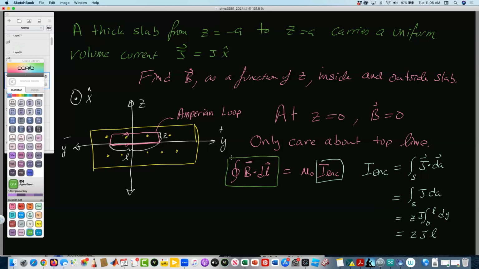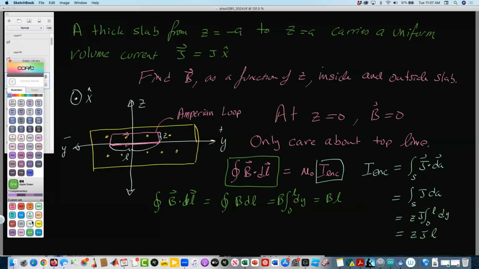Along that top route, dl is going to be dy, and B is constant along that line. So we have the integral of B dot dl, with B and dl in the same direction, so this is just B dl. B can come out, and the integral of dy from 0 to L is just L, so it's BL.